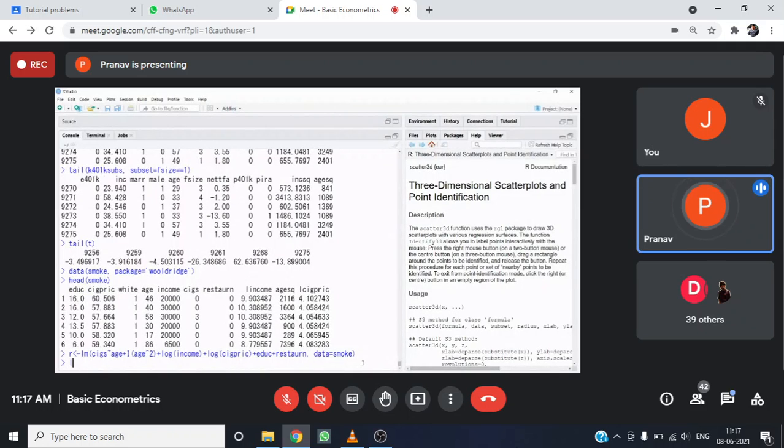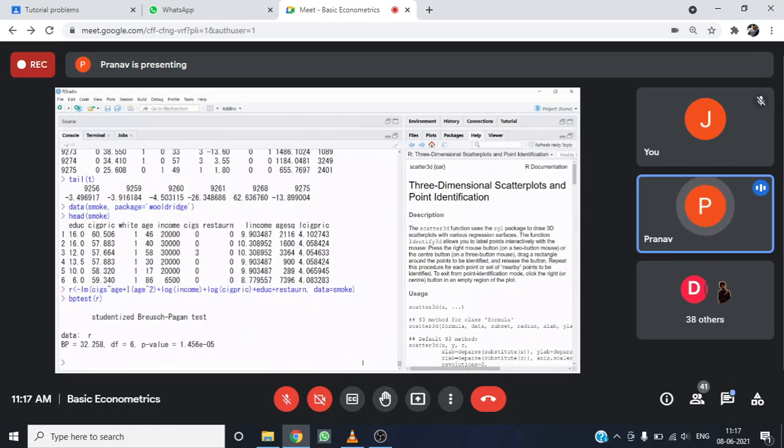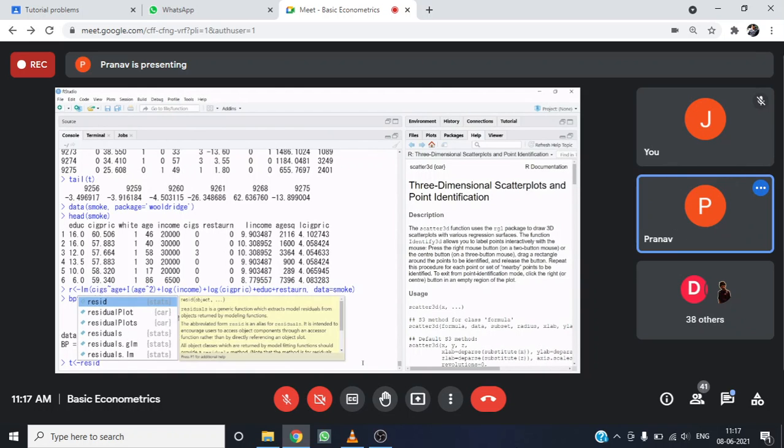Yeah, then simply run the BP test. A low value of the BP test suggests heteroscedasticity. Then let us define a variable, which is your residual.